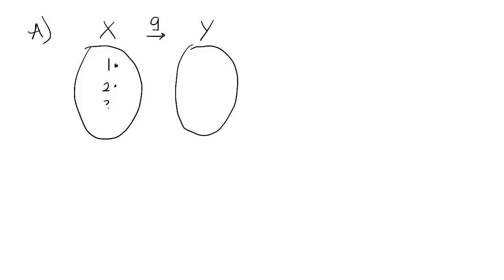So for part A, we have set X, set Y, we have G here, going from X to Y. X had 1, 2, 3, and 4 in it, and Y has A, B, C, D, and E in it.